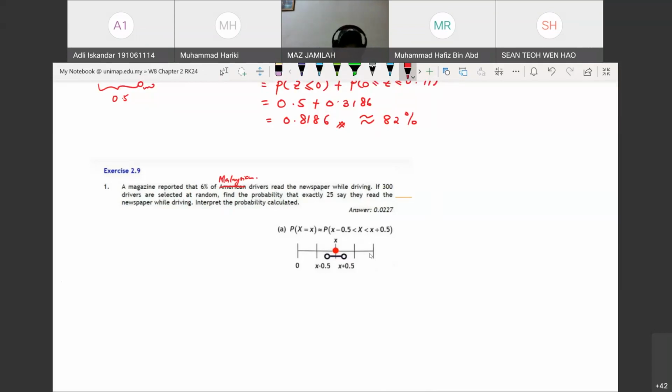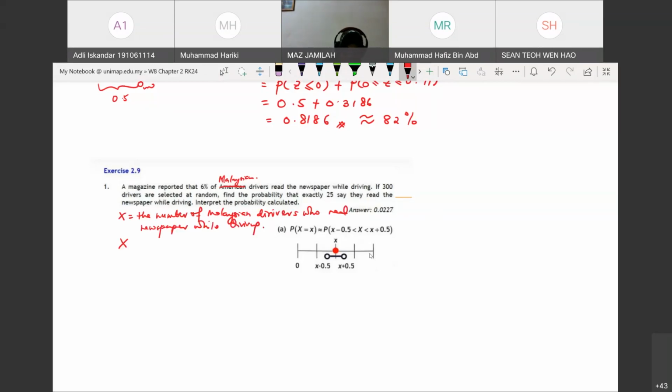So in this case, what will be your X? X is the number of Malaysian drivers who read the newspaper while driving.